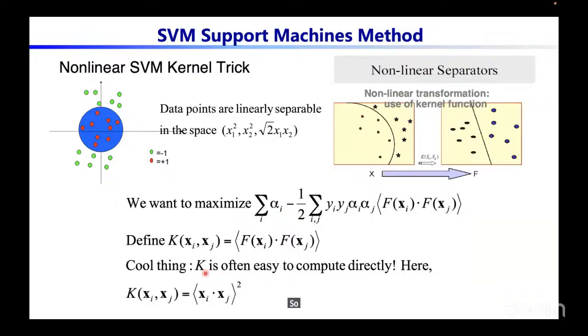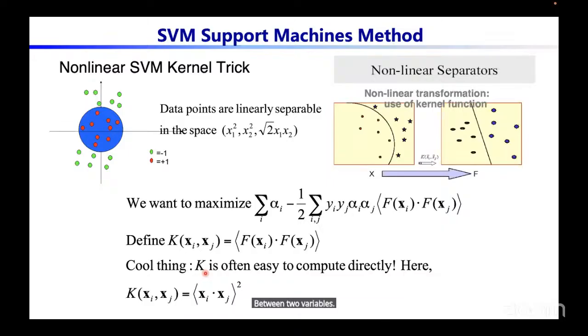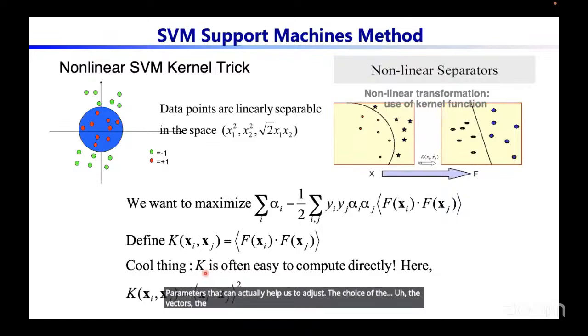In this way, we must use a trick called the kernel trick. Essentially, we use multiplication functions between two variables. And we remember that we have parameters that can help us adjust the choice of the support vectors, and also the parameters of the linear equation in that latent space.